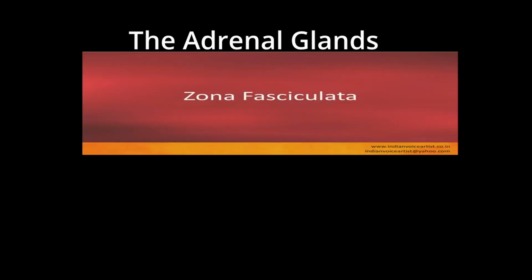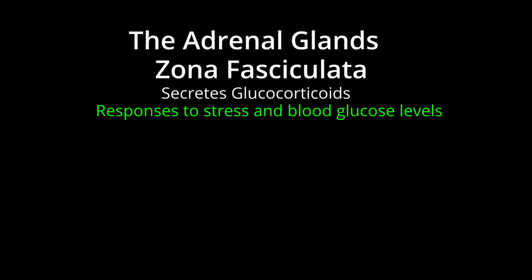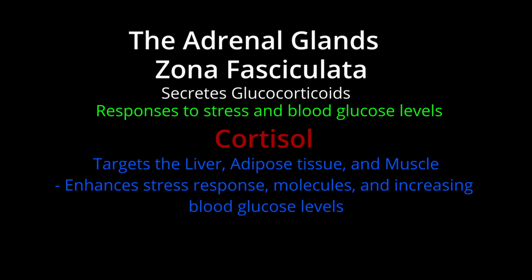To keep going, the second layer, the zona fasciculata, secretes glucocorticoids. It allows us to respond to stress and regulate blood glucose level. Cortisol is the main one. It targets the liver, adipose tissue, and muscles. It enhances stress response and increases blood glucose levels.